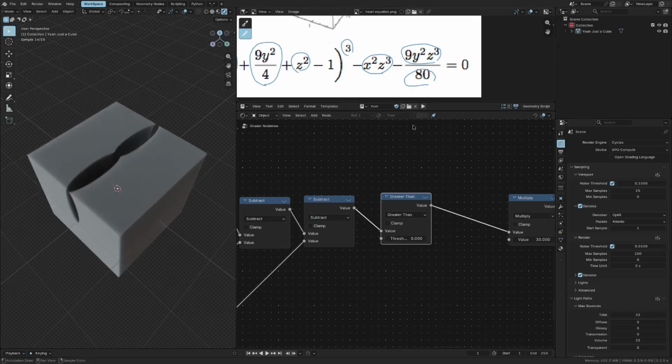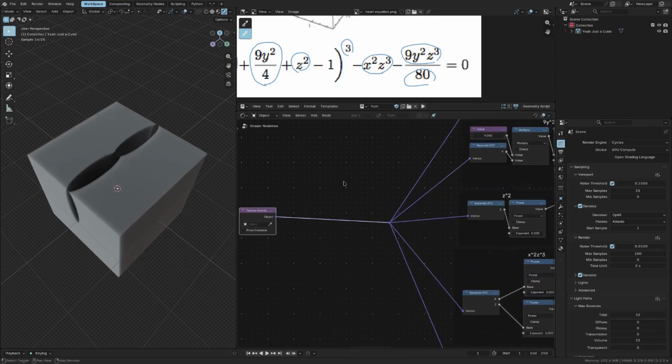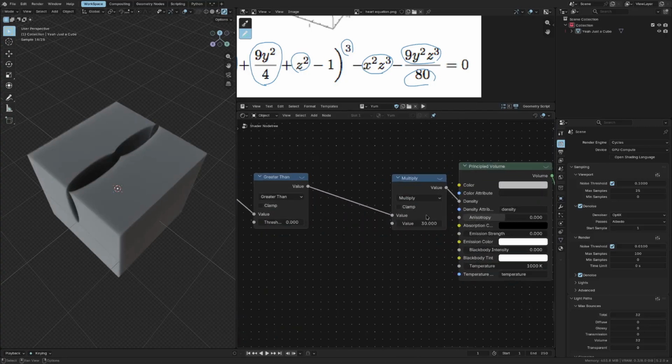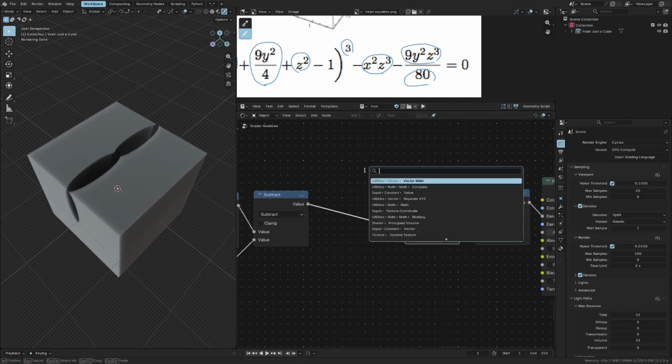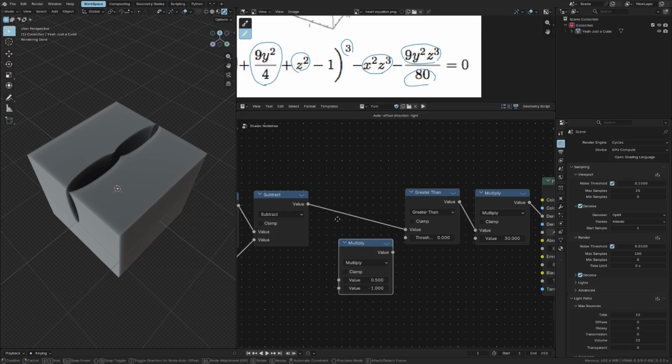For some reason it's not working properly, so with the Vector Math node, set it to Scale, we can scale up, or we can multiply by -1 so that we can invert that. I'm not sure it's going to work, but let's try it out. -1.